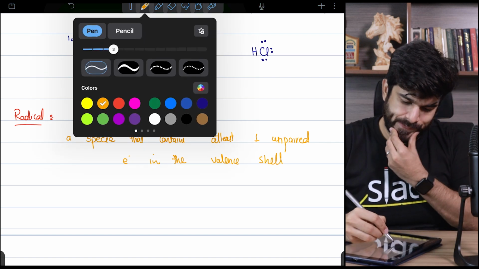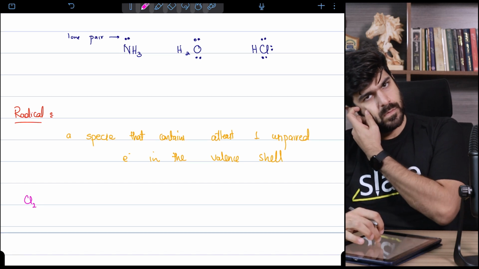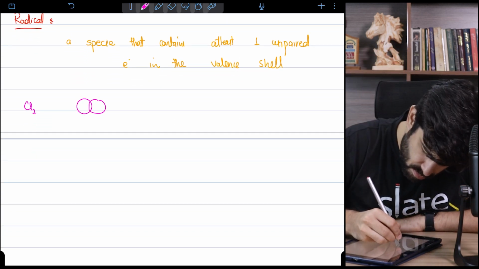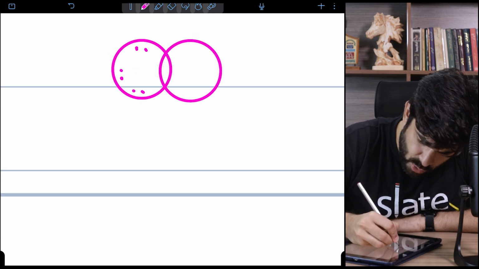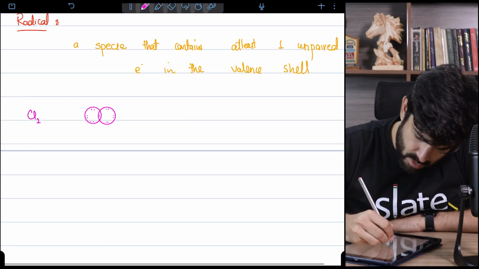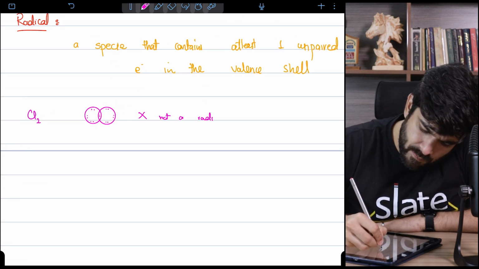For instance, if we talk about Cl2, we just made Cl2, no unpaired electron, not a radical but a molecule.